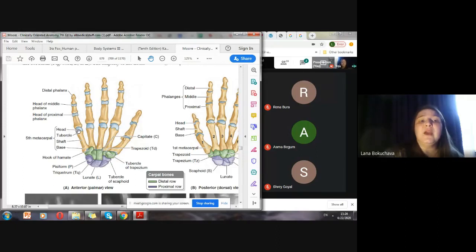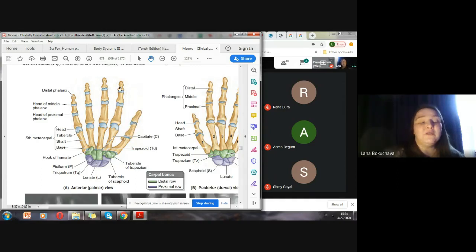The next thing, what do we have here? These are particularly the phalanges or phalanx. How many phalanges do we have in this case? First of all, please remember that the thumb is the only digit which contains only two phalanx, as you can see here. One is the proximal, one is the distal phalanx, and that's all.